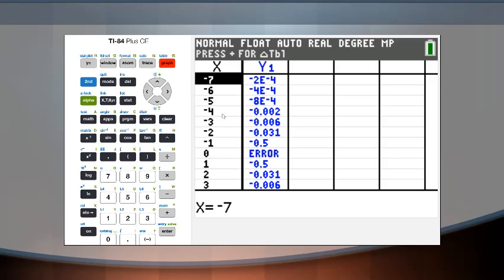But I can see, for instance, when x is equal to negative 7, well then y is equal to negative 2 times 10 to the negative 4th power, which means I would take that 2, put a decimal after it, and move it 4 spaces to the left.